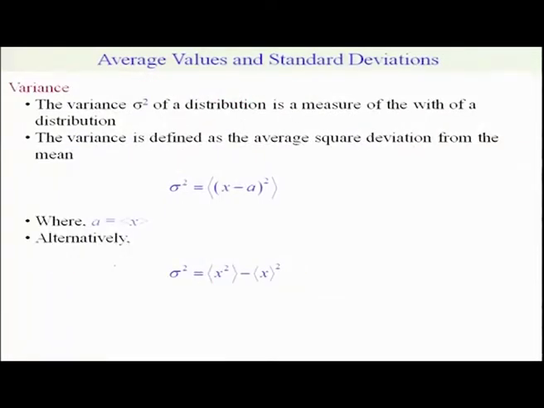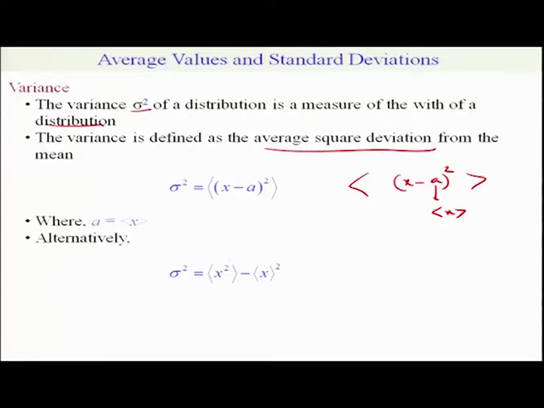Now, let me also define the variance. The variance sigma square of a distribution is a measure of the width of the distribution. The variance is defined as the average square deviation. So, this means average. Square deviation means x minus the mean value a, squared. So, this becomes the variance of that.